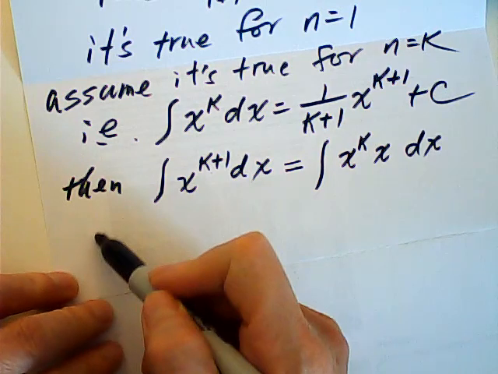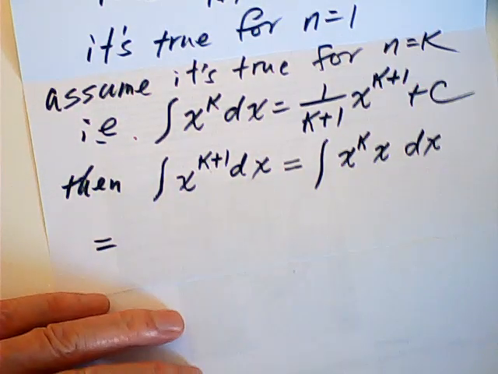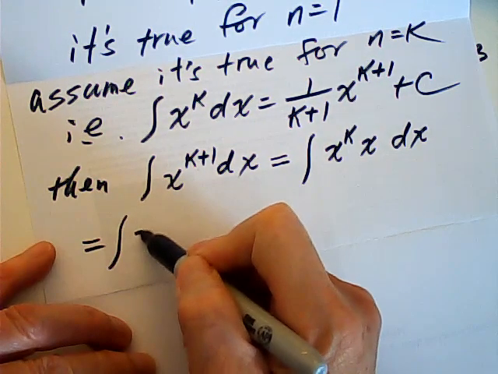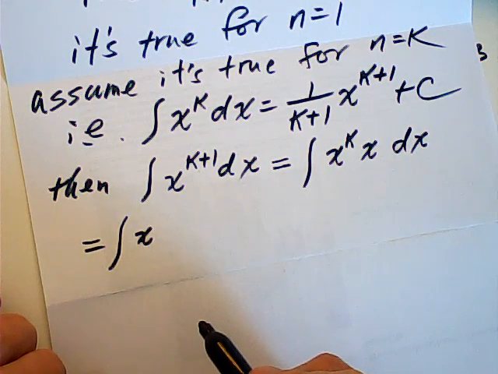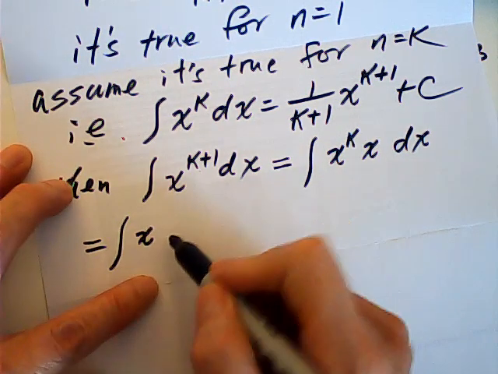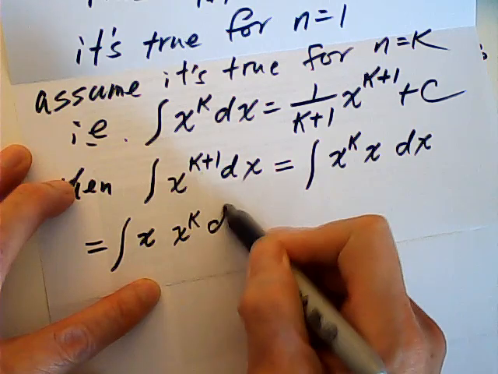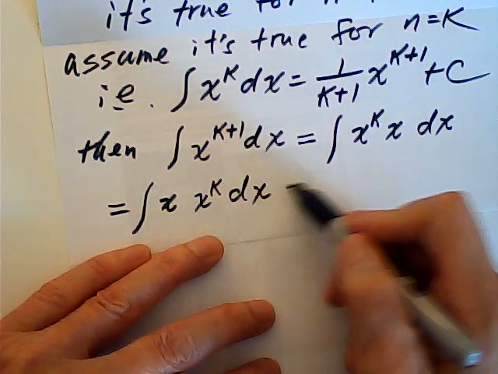Then this one is equal to, well, how should I write? I'll write this one. I write x to the power of k dx.